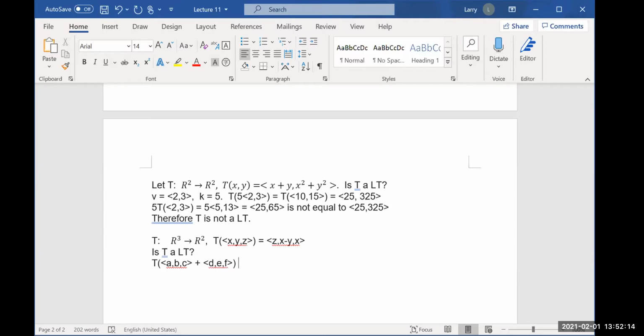We're not doing calculus yet, so I can use D. Well, that's equal to T of A plus D, comma B plus E, comma C plus F. Any questions so far? Now, by definition, what is that equal to? What's the first component?